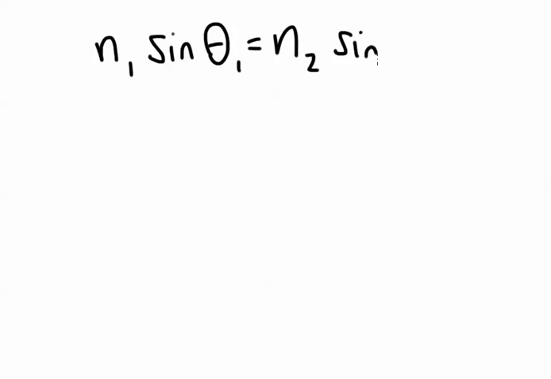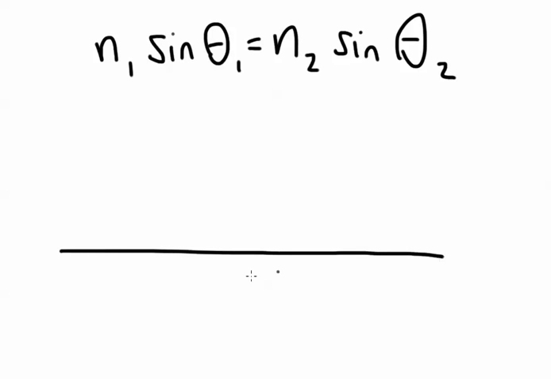So Snell's law is written that n1 sine of theta 1 equals n2 sine of theta 2. So this rule is for when there's some boundary and the light is going to hit the boundary, and then it's going to refract in, let's say, or it might refract toward the normal, it might refract away from the normal.